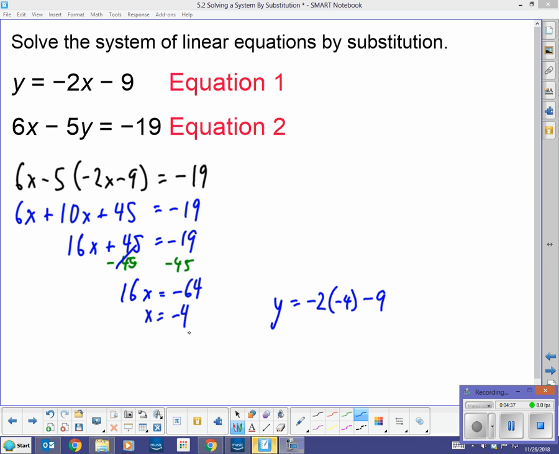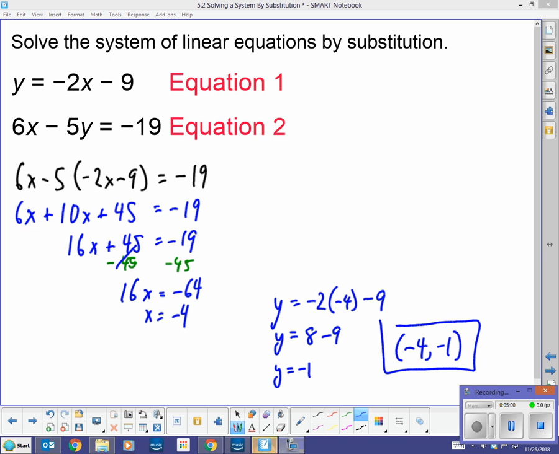I'm substituting into equation 1. Simplifying negative 2 times negative 4 is 8, and then 8 minus 9 is negative 1. So my solution here is negative 4, negative 1. Now, typically we want to check these solutions, but because we're on video, I don't want to make it too long. But that's our solution here.